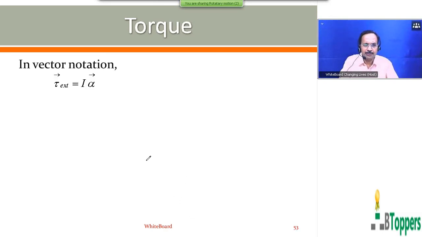So in vector form, we can write net external torque is equal to I into alpha bar, which we call Newton's second law for rigid body in pure rotational motion.